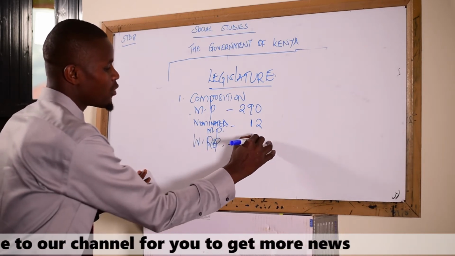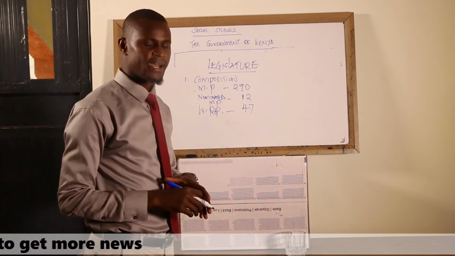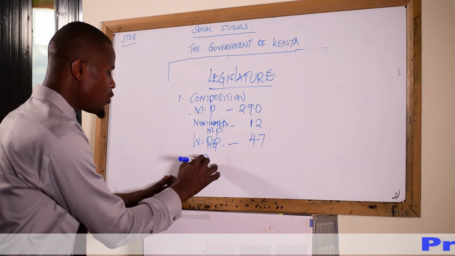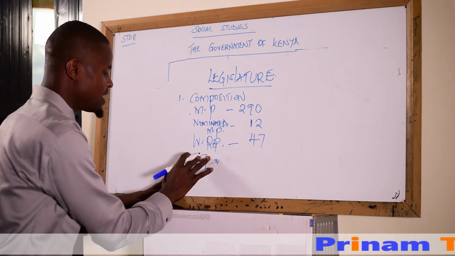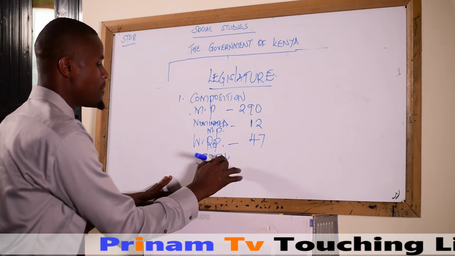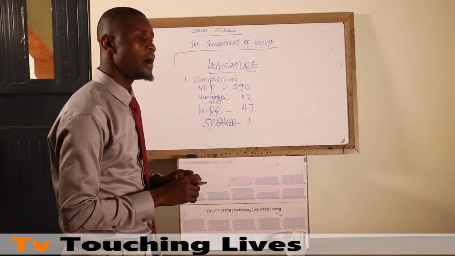We have got 47 of them elected members. We also have got the speaker. Who is the speaker here? The speaker here is the ex officio member.